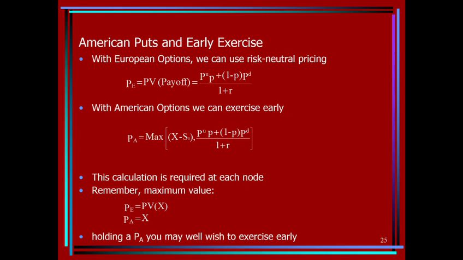Okay? So if the intrinsic value is greater than the discounted expected payoff, would you exercise or not? Or alternatively, when would you exercise based on the two values?